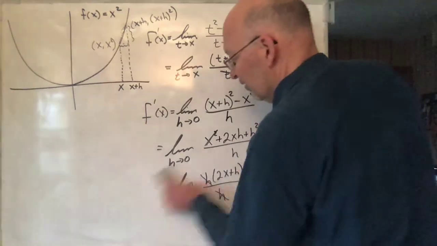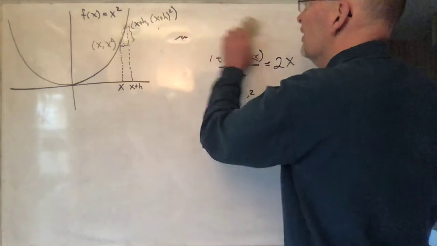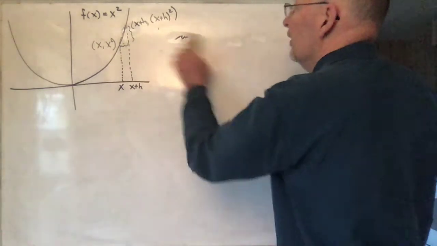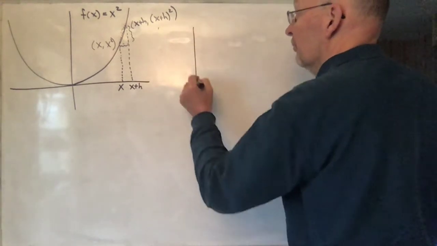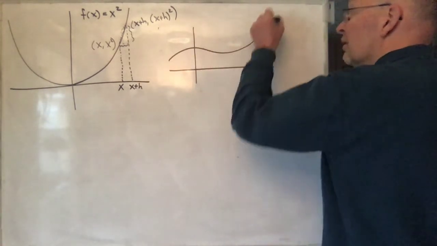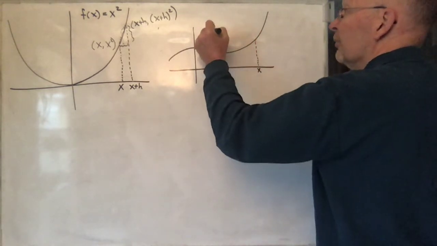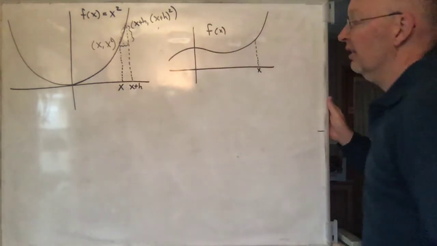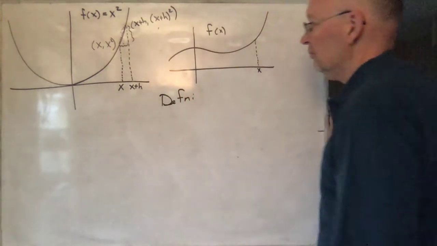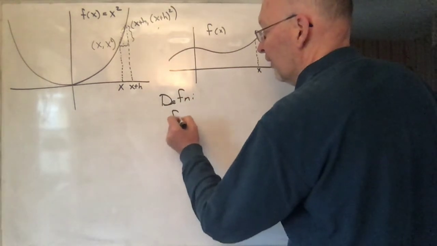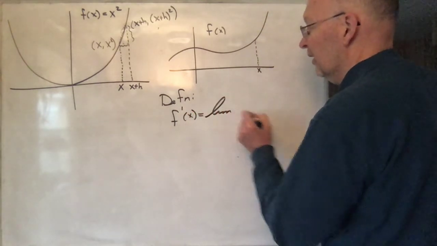So let's now give a general definition for a derivative. If you just have any old function, it doesn't matter what the function is, something like this, and I have a point x right there, this is the function f of x, then by definition, f prime of x is defined to be the limit.